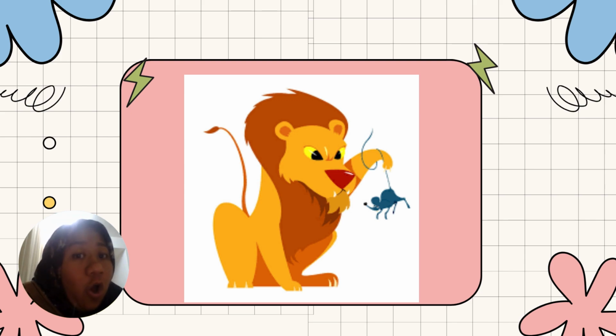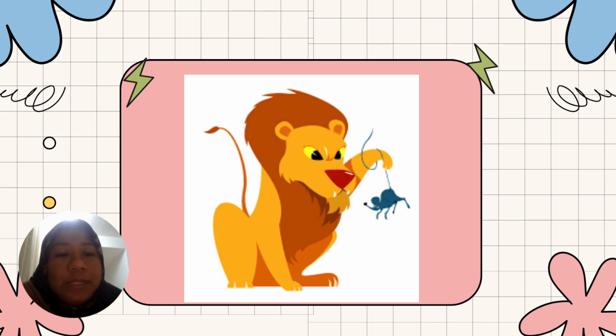He is strong, he is majestic, but he also has a prideful nature, right? We call the lion the king of the jungle, and we also know that the lion is often seen as a symbol of power and authority, but they can also be vulnerable.